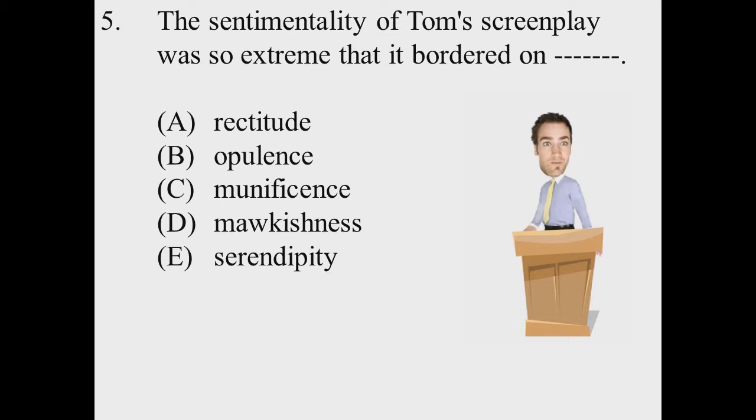So you need a word that means really, really very, very emotional, almost too emotional. And if you know what the words mean, or some of them mean, you have a good guess possibly, but other than that you should probably skip it.